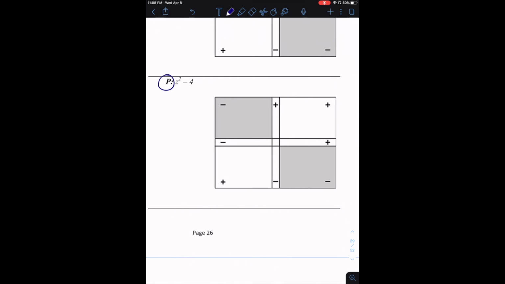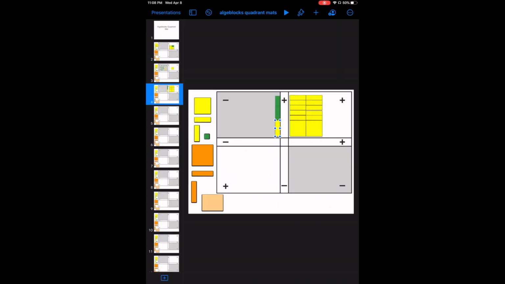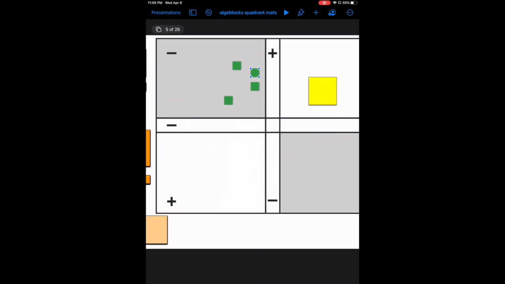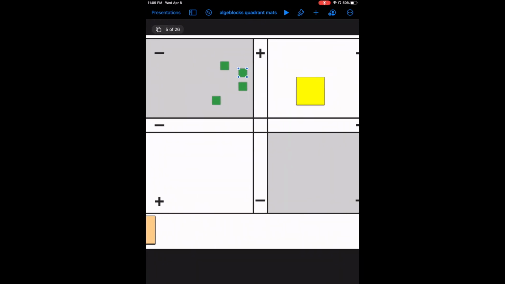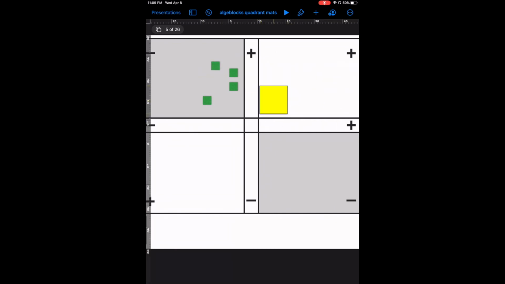So we have z squared minus 4. Let's go back and see if we can figure out z squared minus 4. So we have z squared and 1, 2, 3, 4. Okay. So let's see how we can do this. Let's start with z squared being in the corner here.